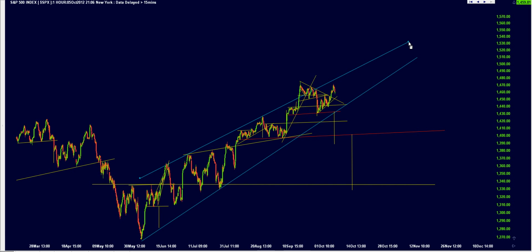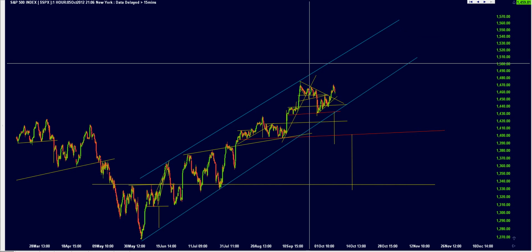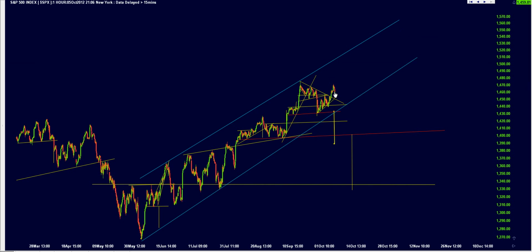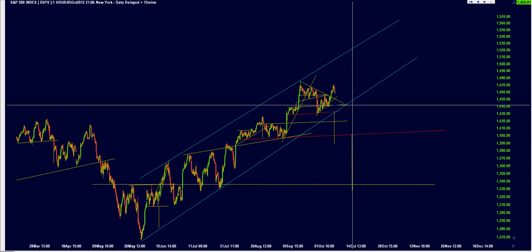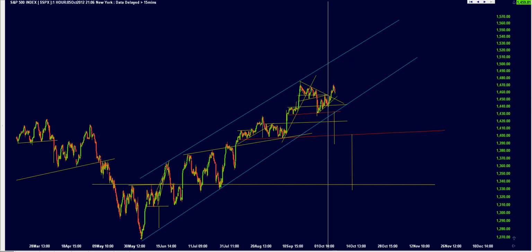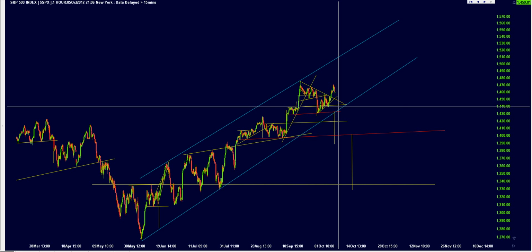But overall, guys, it's behaving fairly bullish. So I'm going to leave this line here. And if the markets come back down and break this blue line, that's when I would say watch out. But until the market does that, I don't have any reason to call anything bearish.